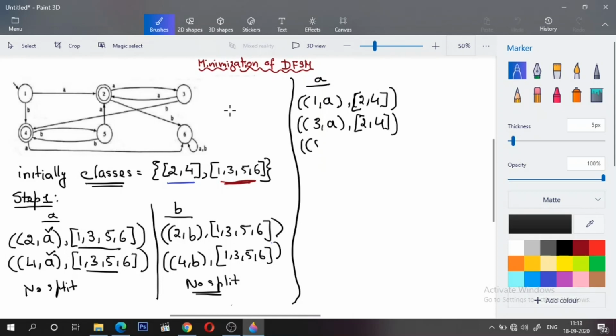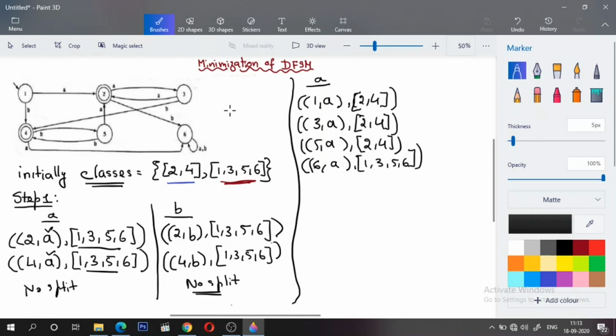Then comes 5. 5 upon A will make a transition to 2 itself. 2 belongs to a class containing 2, 4. Finally, I have 6, and 6 upon A will make a transition to 6, right? I have a self loop upon A. I have a self loop to 6, and 6 belongs to a class containing 1, 3, 5, 6, right? So, I have to write 1, 3, 5, 6.